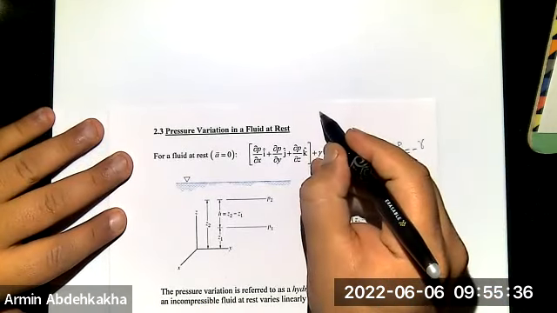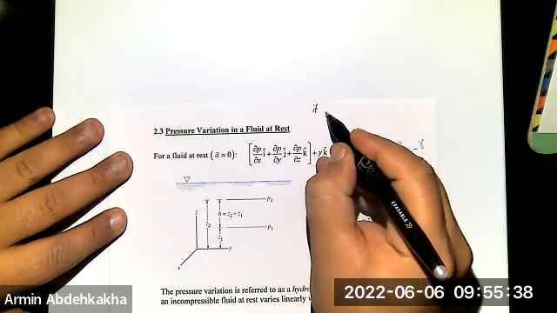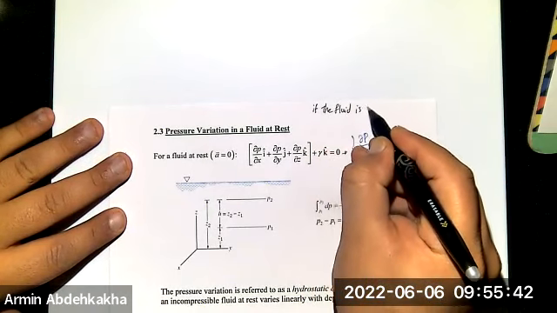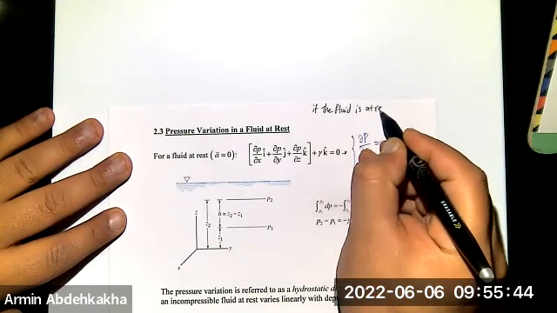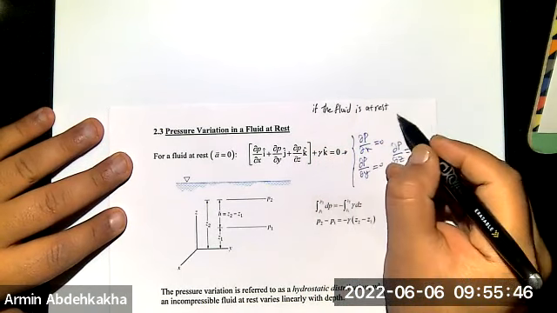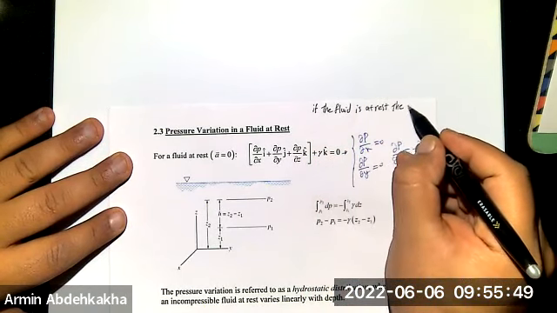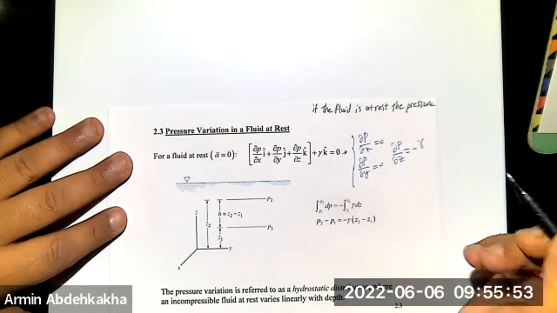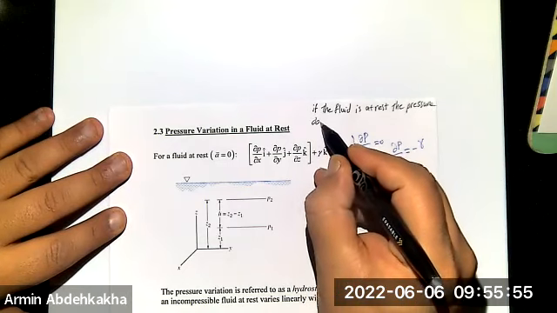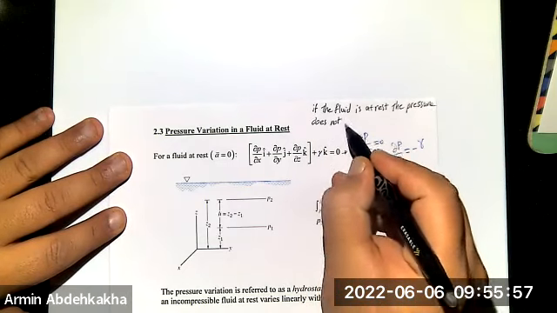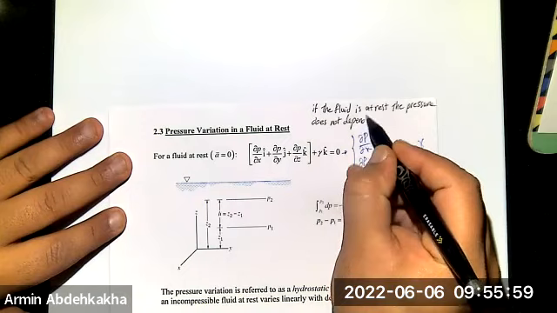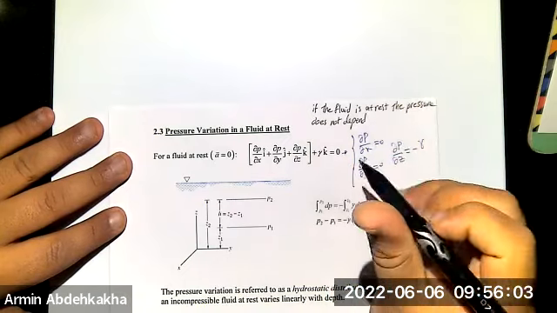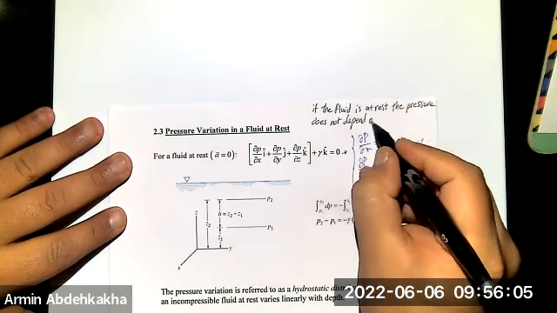This shows that if the fluid is at rest, the pressure is only a function of Z and does not depend on the X and Y direction.